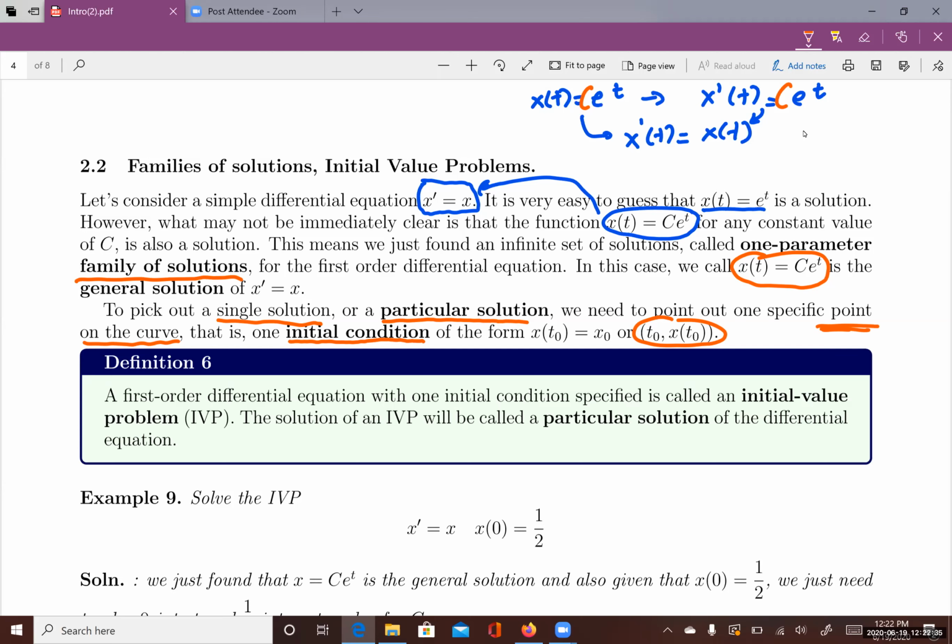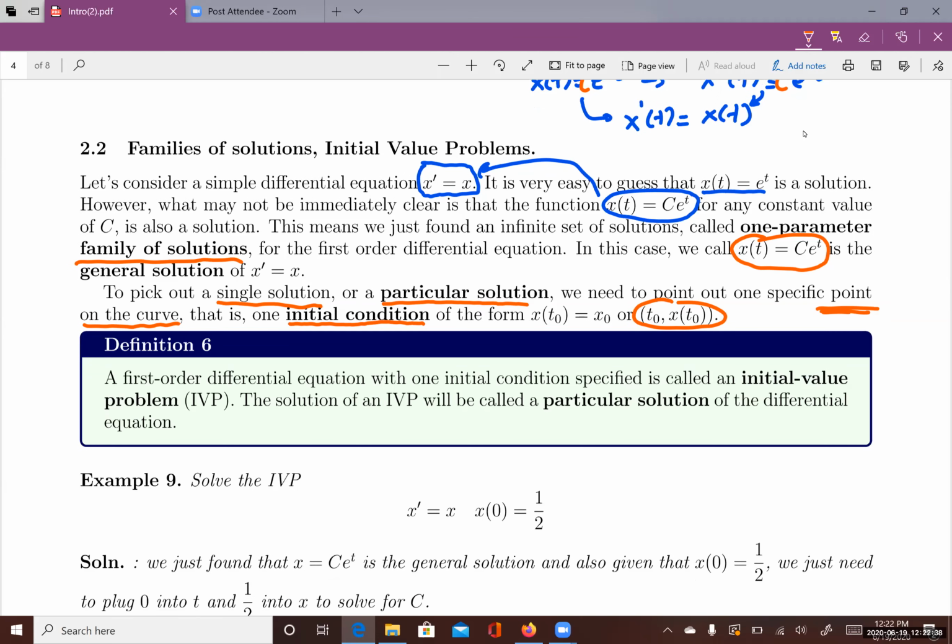Okay. Well, that leads us from general solutions and particular solutions to an initial value problem. So if you have a first order differential equation, and you have one initial condition, then you have an initial value problem, IVP, as the abbreviation of initial value problem.